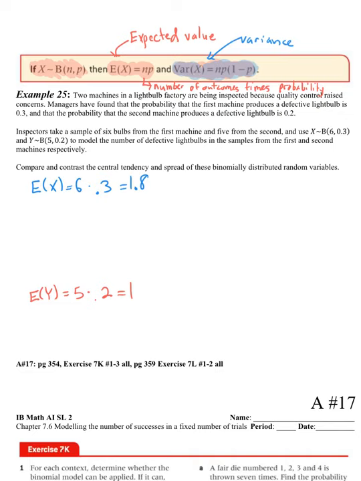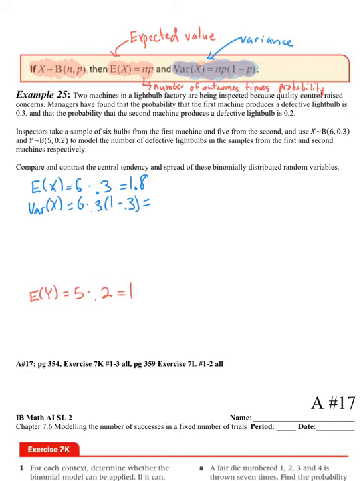And then with the variance, we're going to do the same thing. If we're doing the variance of X, we'll do the 6 times 0.3, which is that 1.8, times 1 minus 0.3. And that's what we do for the variance.